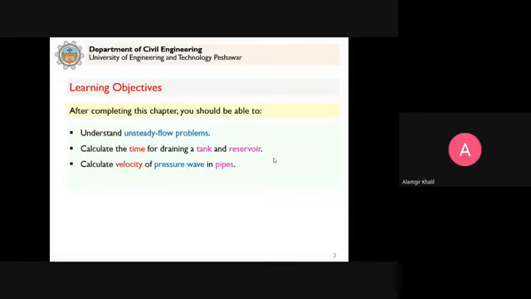Similarly, to calculate the velocity of pressure waves in pipes. This is a very interesting and important topic that we are going to study. When water or any liquid is flowing in pipes and the liquid is suddenly brought to rest, for example when we close a valve, we are destroying the momentum of the water.